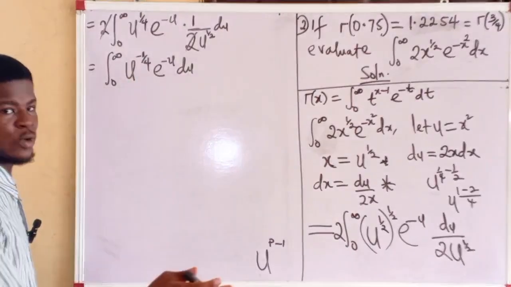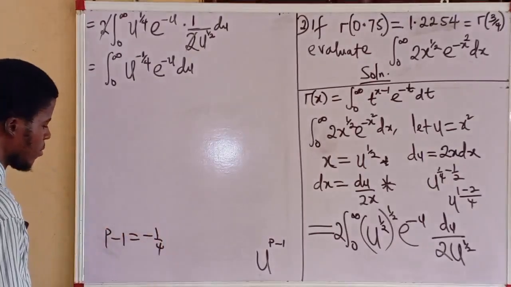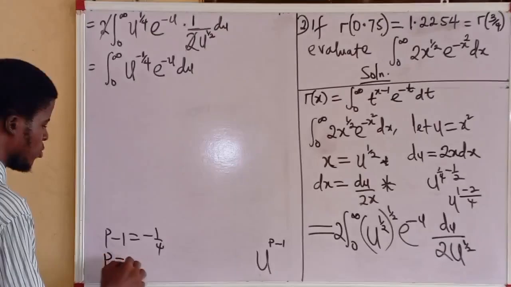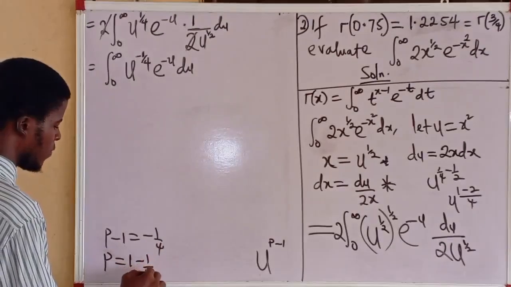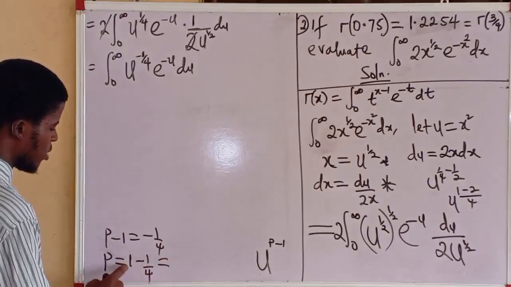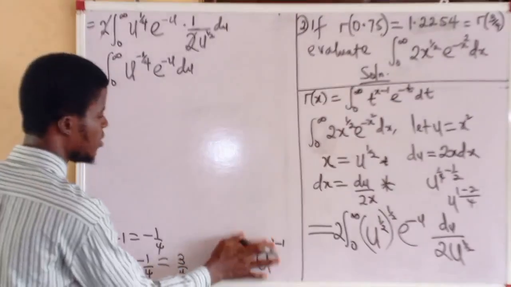So if we form a mathematical equation with that, p minus 1 equals minus 1 over 4. So we have p equal to 1 minus 1 over 4. 4 times 1 is 4, 4 minus 1 is 3 over 4. Okay, so p here is 3 over 4.